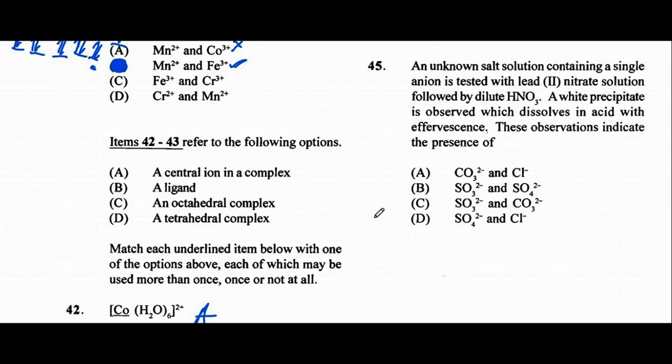So it may be the carbonate, but it can't be chloride. Sulfite, yep, not sulfate though. Sulfate doesn't do that. So we have the yep, and yep, but we don't have the sulfate, and we already said no to those. So 45 is C. And we're done.